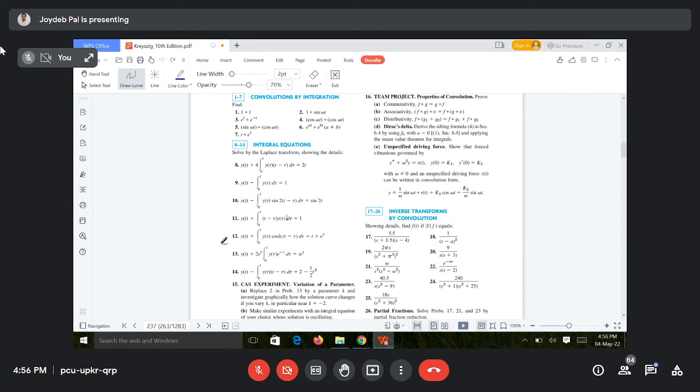So you should solve at least 2 or 3 problems from that range 8 to 14. Questions related to this integral equation come in the exam. Look, yt may not be there in some integral equation, and then also there is no issue, right?